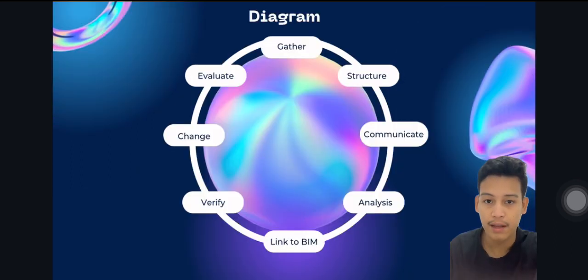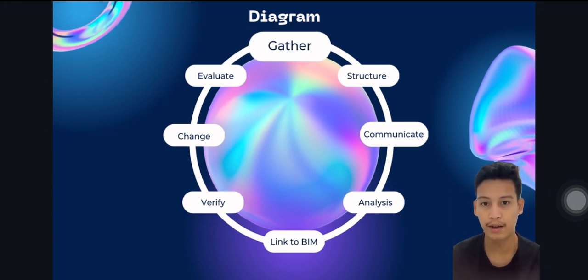So now, let's move forward to this diagram of requirement management. The first one to mention here is the gather. So what does it mean? It is to collect all the information you can about what people want or need from the project.